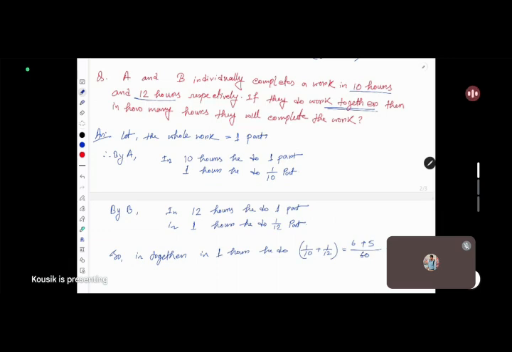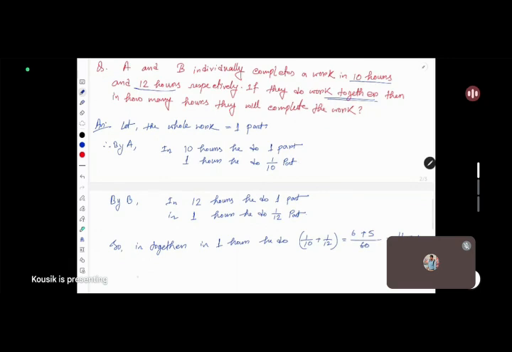The question is in how many hours they complete the work. So 11 by 60 part is completed in 1 hour.